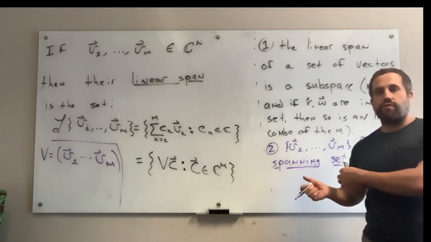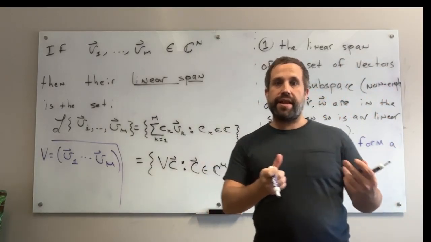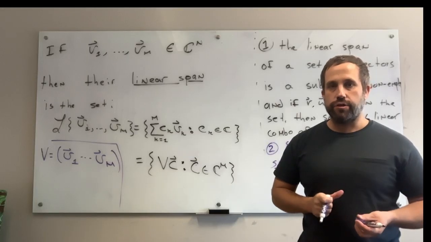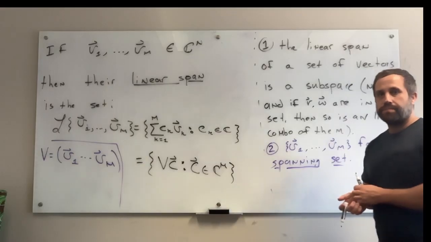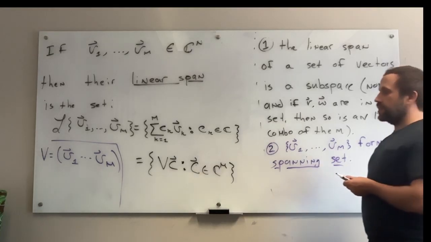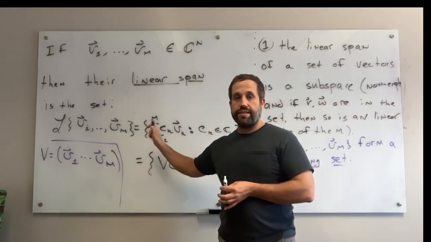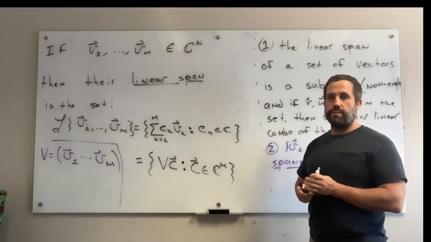A spanning set for a vector space is a set of vectors whose linear combinations are equal to that vector space. So just sort of by definition, these vectors form a spanning set. Okay. Yeah, so like I said, the linear span is a subspace of C^n. Not just a subset, but it's also a subspace.